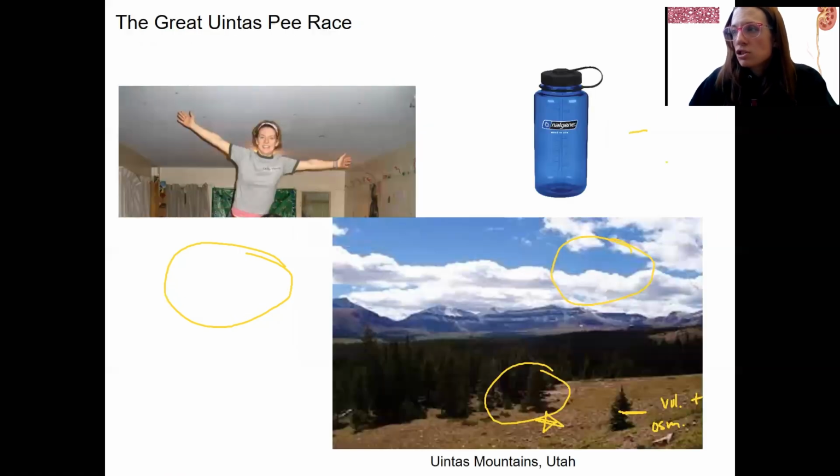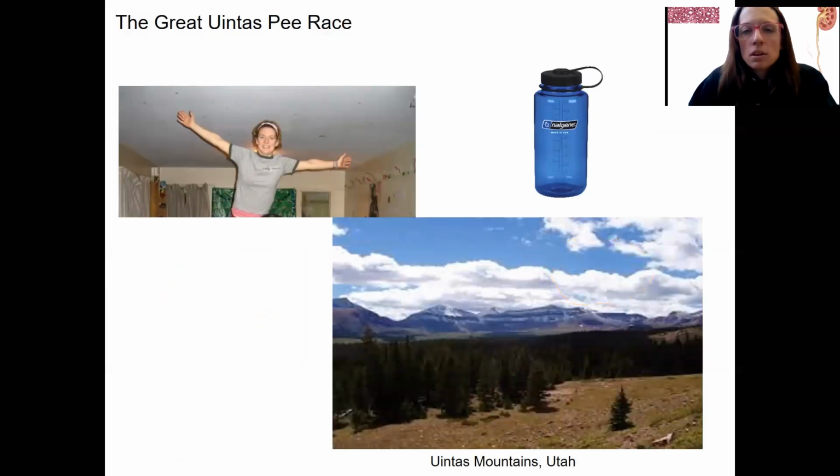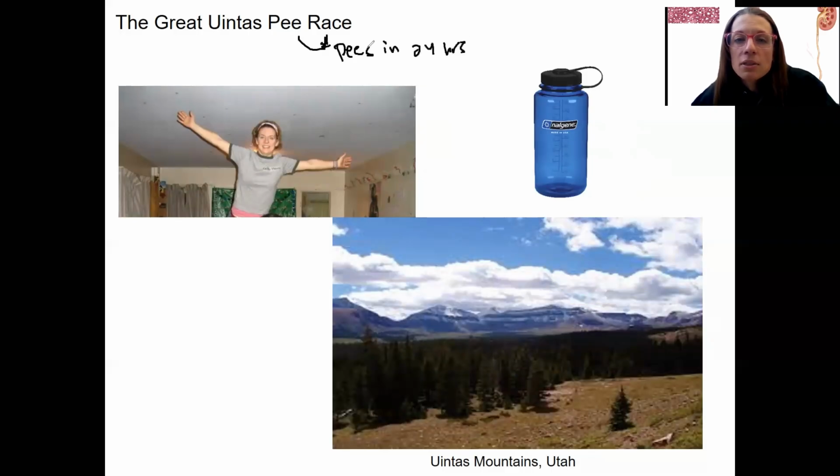Let me tell you one story. There was once a person who did a Great Uintas Pee Race. This is a competition where you drink as much water as you can. Really, the goal is to pee as many times as you can in 24 hours. Number of pees in 24 hours. There's been other cases of this actually resulting in death. Luckily, this person, Dr. Robin, did not die.